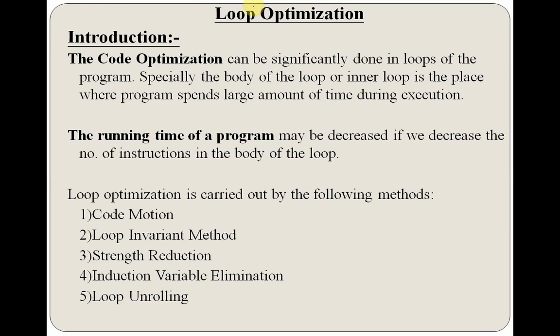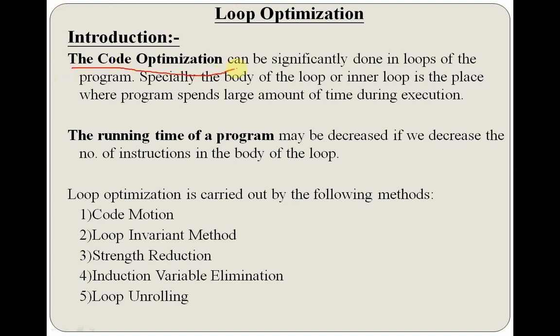Here efficiency means in terms of either size of the program will be reduced, or the memory consumption during runtime will be reduced, or the program execution time will be decreased, or faster execution may result because of loop optimization.